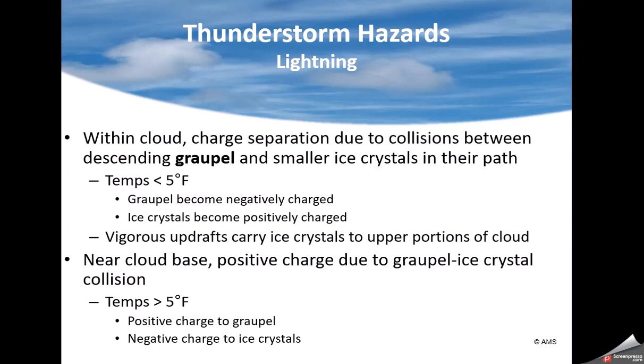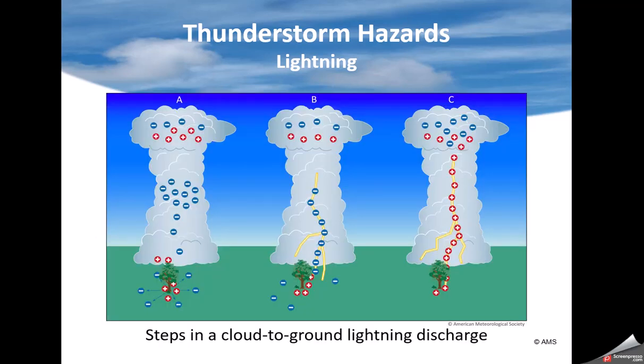However, if you flip it and you go down to near the base, then you have positively charged graupel and negatively charged ice crystals. That is why you get opposite charge based on temperature, causing a large difference in charge and allowing the lightning to occur. That is where you're getting your lightning from.